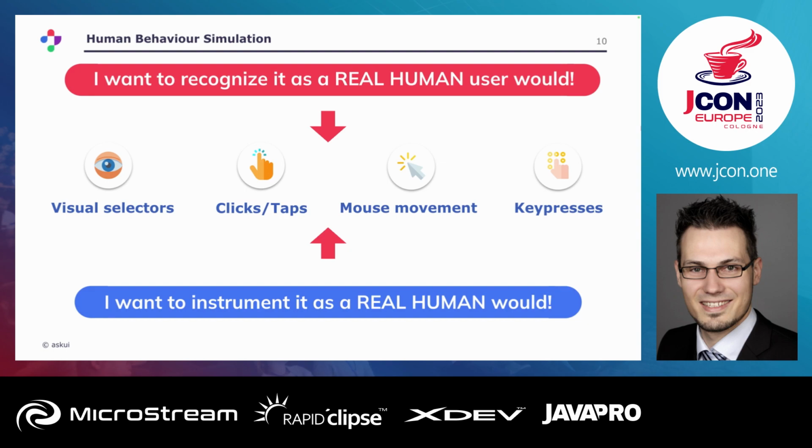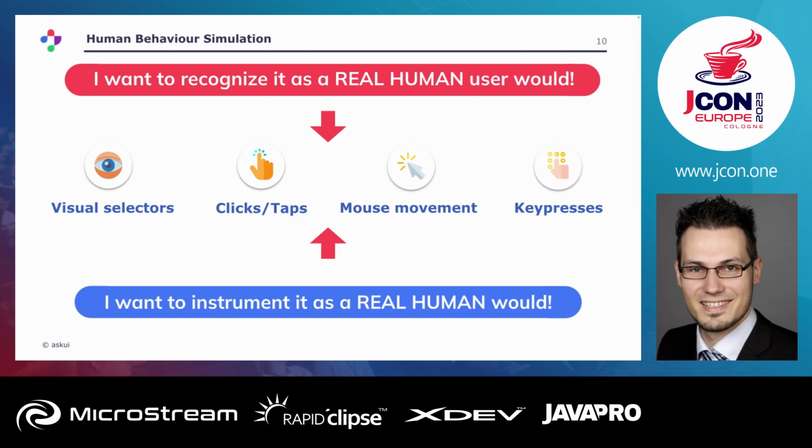Okay, back to our cross-platform workflow automation. What are we actually trying to achieve there? If we think from a tester's point of view or from an automation point of view, and even the example with booking of flights over a browser, what we actually want to do is automate like a real human user would.